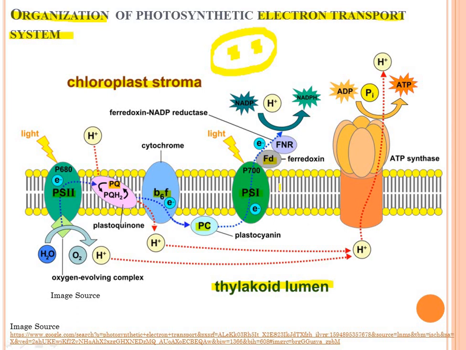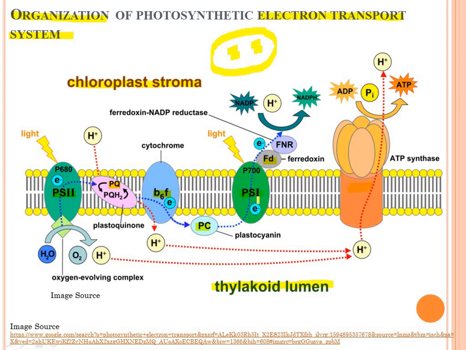And the last one is ATP synthase, which is also a transmembrane protein. This is the organization of the photosynthetic electron transport system. Some are transmembrane proteins and some are associated with the membrane.